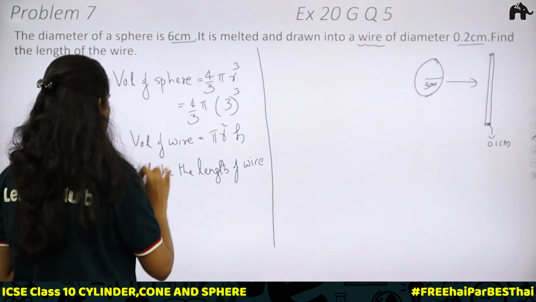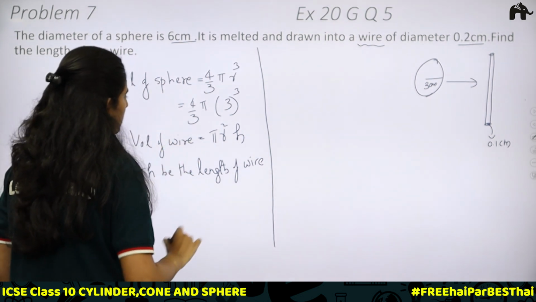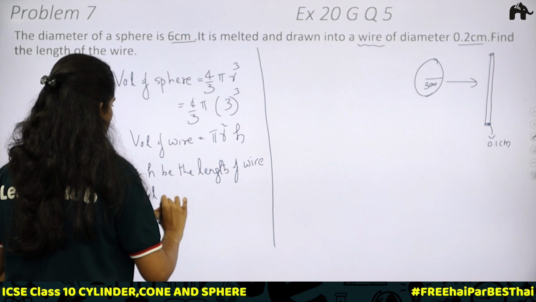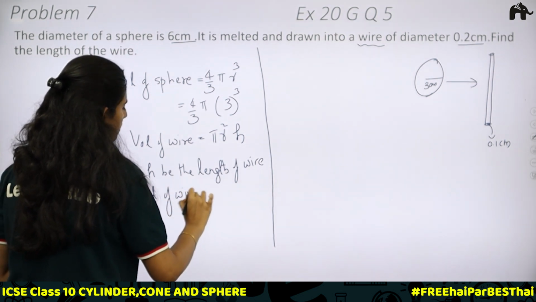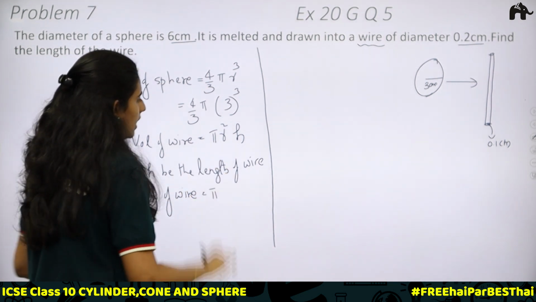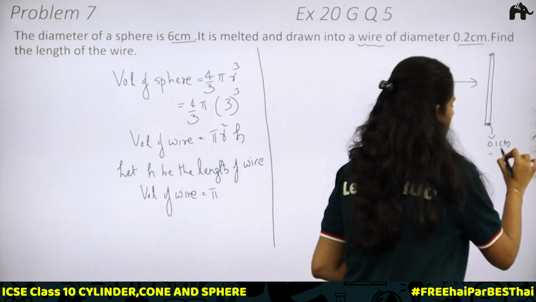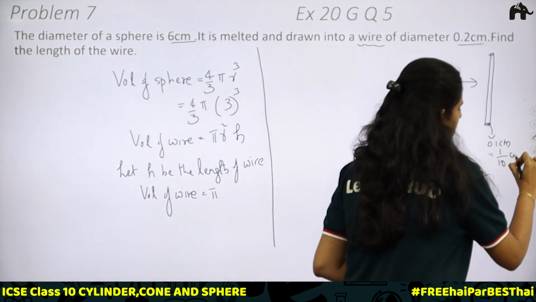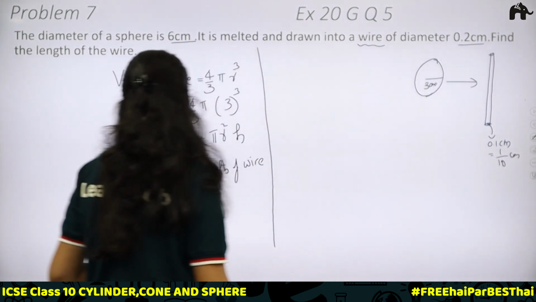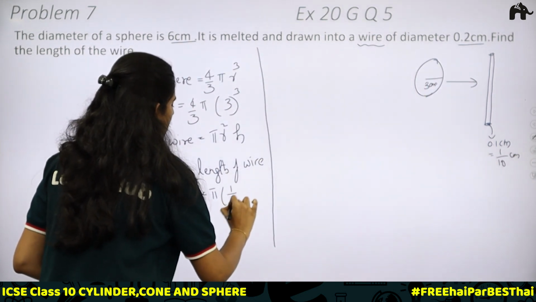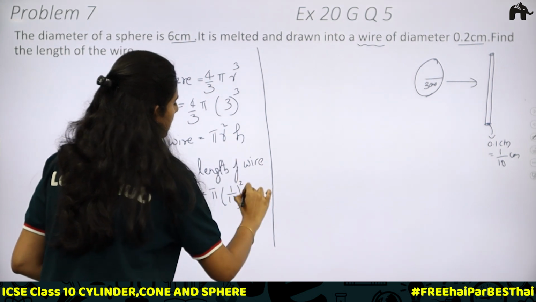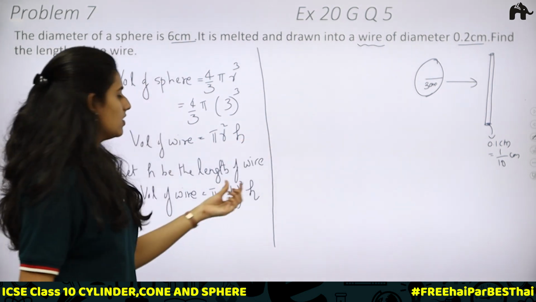Then the volume of wire will be equal to pi into r square. Here we have 0.1 centimeter, which can be written as 1 by 10 centimeter. 1 by 10 square into the length of wire, which is h.